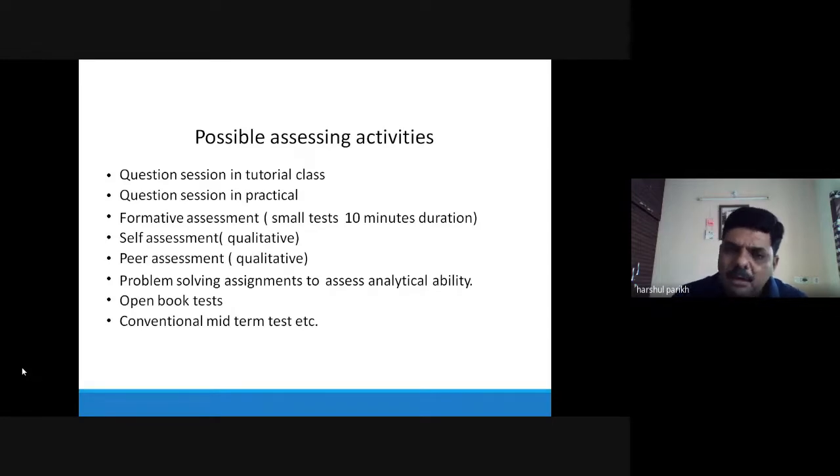We can employ any of these techniques, but we should assure the learning according to Bloom's taxonomy. That means levels 1, 2, 3, 4, 5, 6. And we have to employ a method to assess each level so that the modern pedagogies will be fruitful.